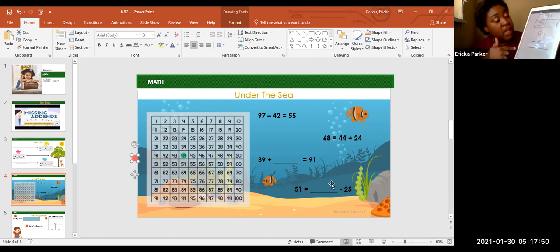So we went ahead and put the 91 up here and the 39 right here. Now, 91 minus 39. We already know that we need to regroup because 1 is on the top and the 9 is on the bottom. We know that is a no-go. So 8 minus 3 equals what?